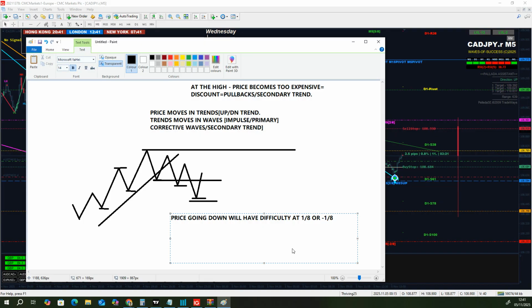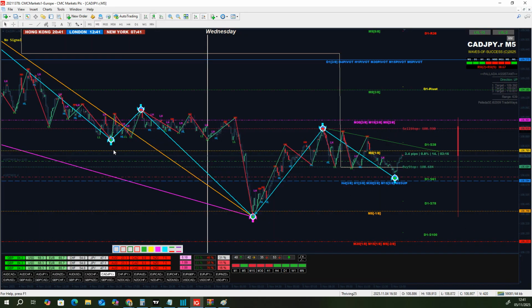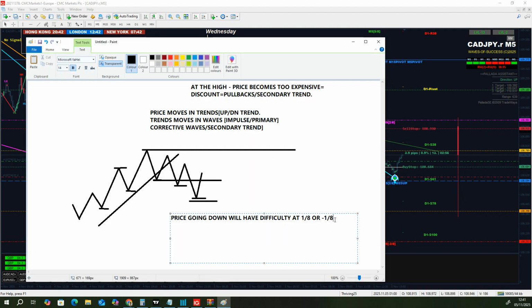Difficulty means continuing to go down. Okay, so just look at this chart. That's the 1 of 8. They had difficulty because price stopped there a little bit, consolidated, then broke down. That's 1 of 8. And guess where the price stopped completely before we saw this momentum? -1 of 8. So does the Murray principle make sense?